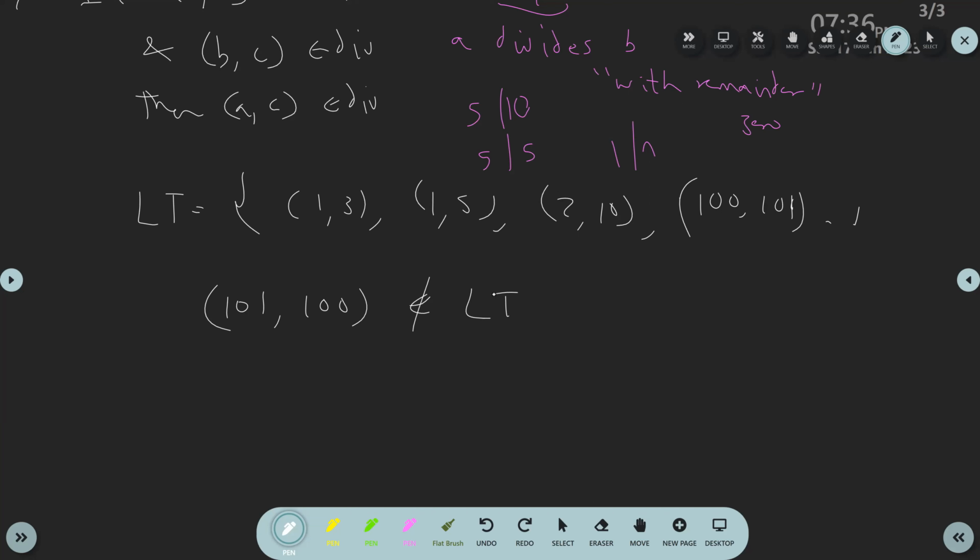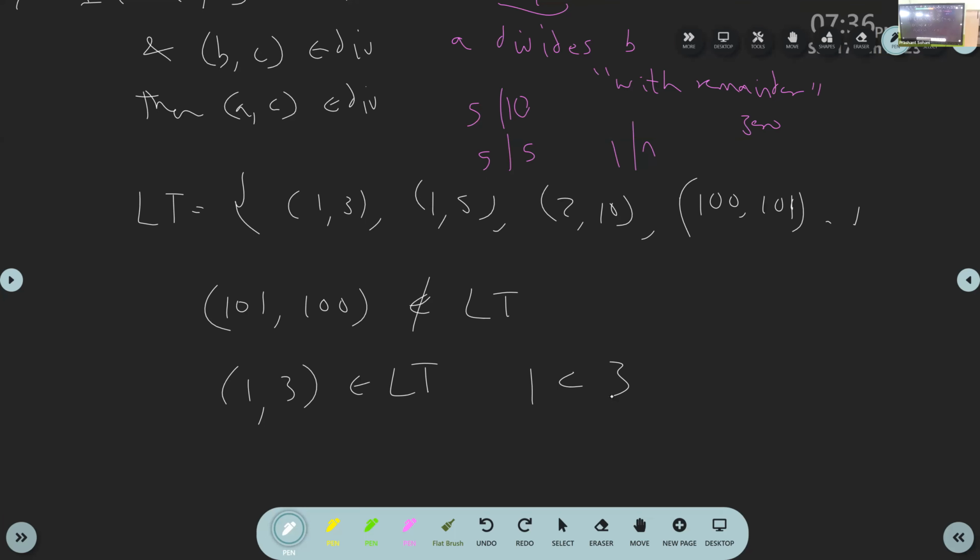So instead of writing (1, 3) belongs to LT, what do we write normally? 1 < 3. So you see, this is a short form of that, but we never told this in school. When you write 1 less than 3, what I'm actually saying is that the ordered pair (1, 3) belongs to this interesting set.